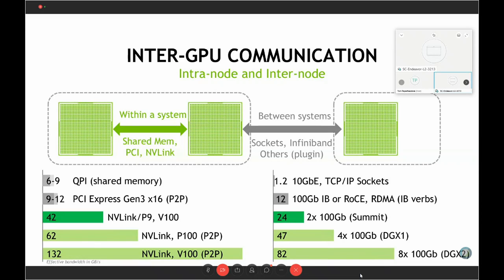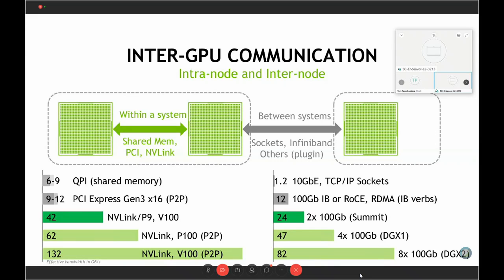And the performance you should get is actually very dependent on the hardware you have. For example, if you are just within GPUs within a system, depending on whether your GPUs are connected through a slow CPU link or through a PCI Express switch, you'll get between 6 and 12 gigabytes per second.